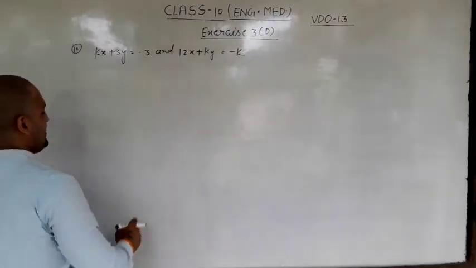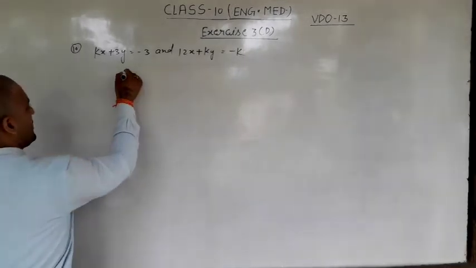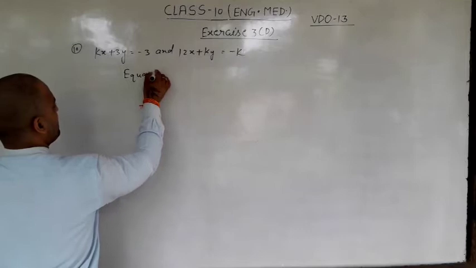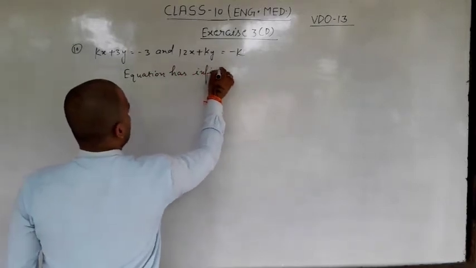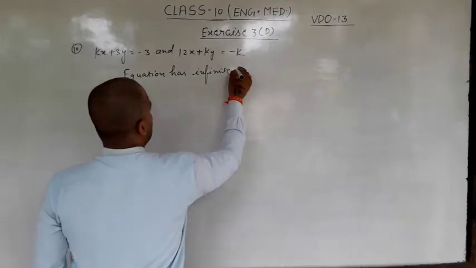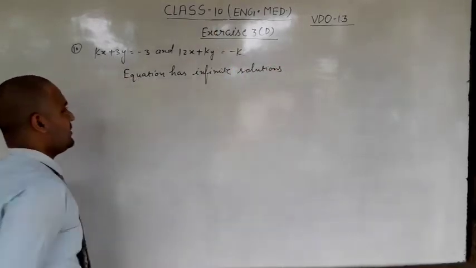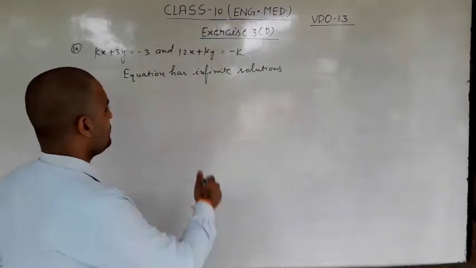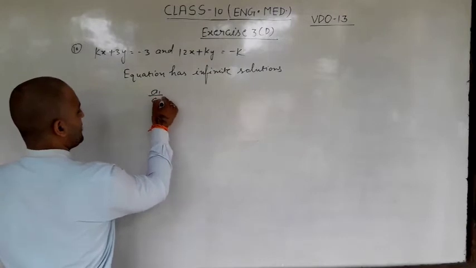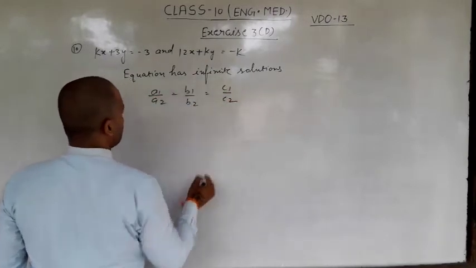And the condition is that the equations have infinitely many solutions. What was the condition? For infinite solutions, a1 upon a2 is equal to b1 upon b2 is equal to c1 upon c2.